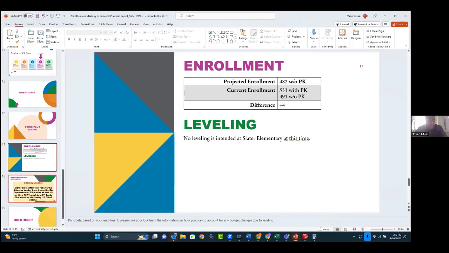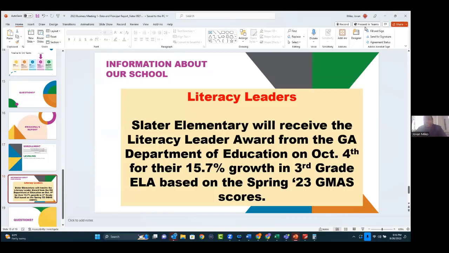Okay. And the last piece of news for the GoTeam is we have been recognized as one of only 155 elementary schools in the state as a literacy leader. So we'll have the state superintendent from the Georgia Department of Education here at Slater on October 4th for an award. The school is receiving the award, but I believe the grade level team that is being recognized is last year's 3rd grade team for 15.7% growth year over year.